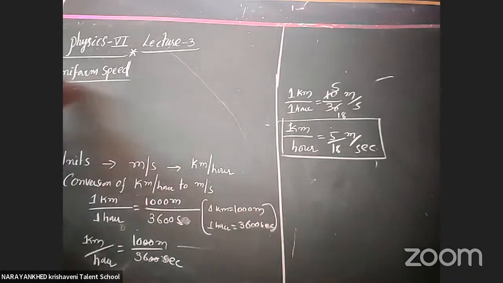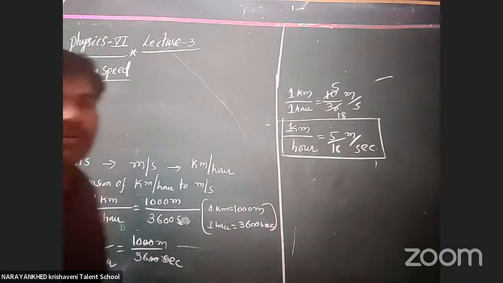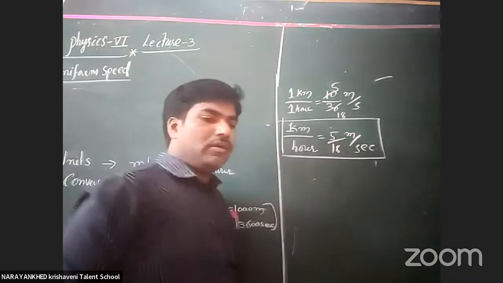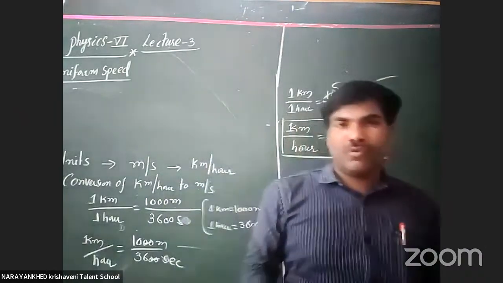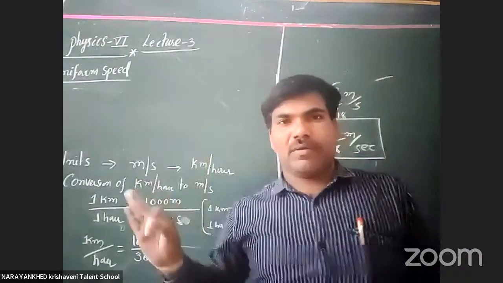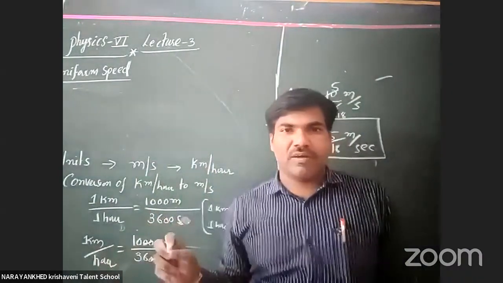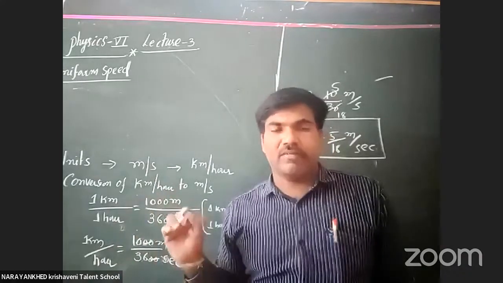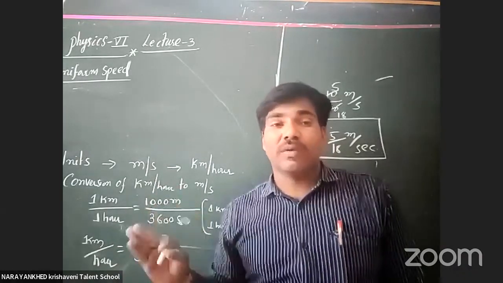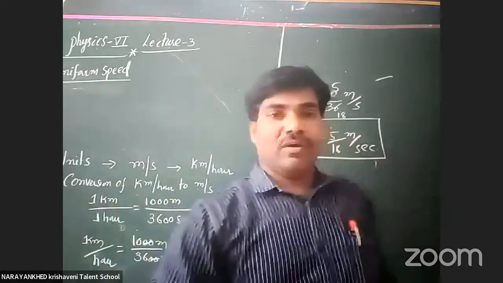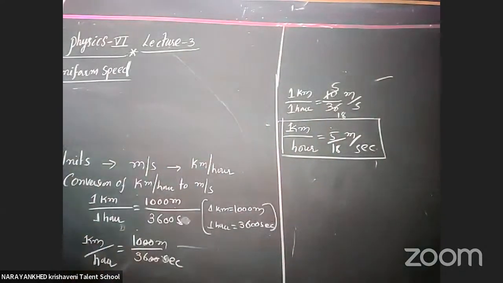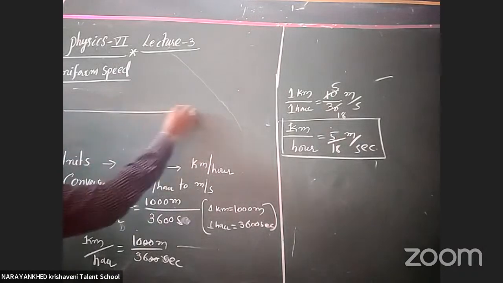Next one is uniform speed. Already you know very well from the types of motion. What is the uniform nature of the speed and the velocity, and how is uniform motion considered? Suppose you check it here.